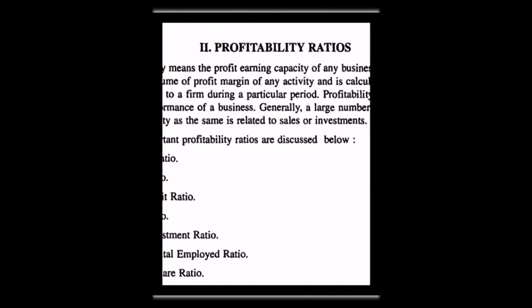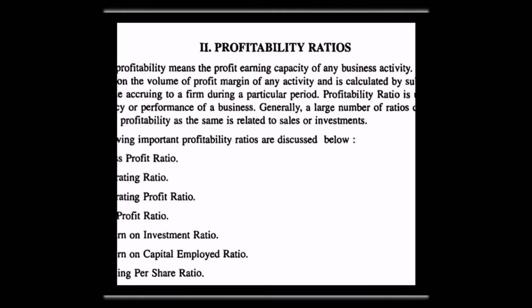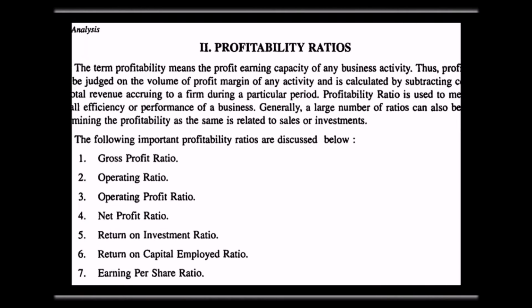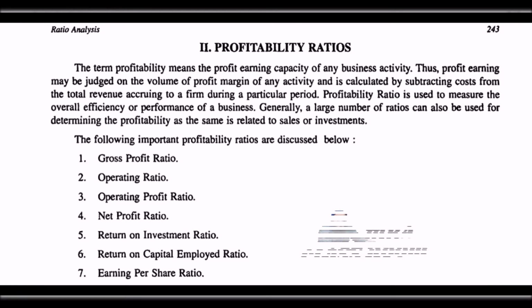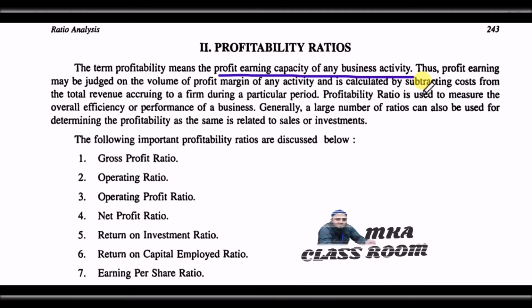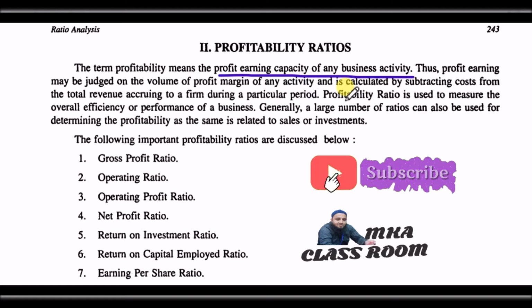Today we will start profitability ratios. Profitability ratio means the profit earning capacity of any business activity, that means the ability to earn profit. These are the ratios which measure this capacity of earning profit of an institution.